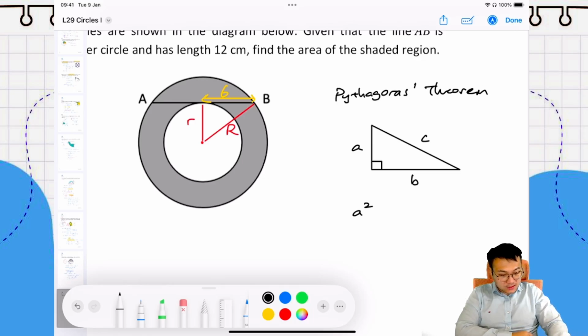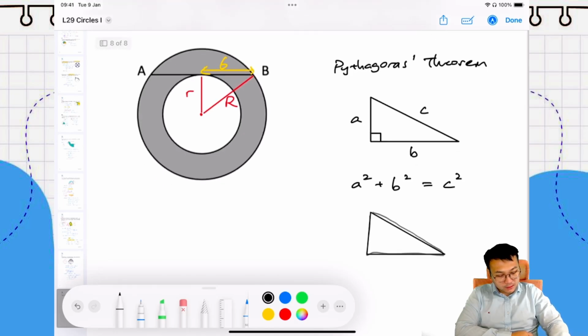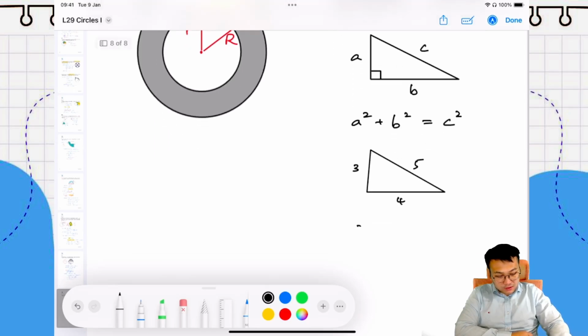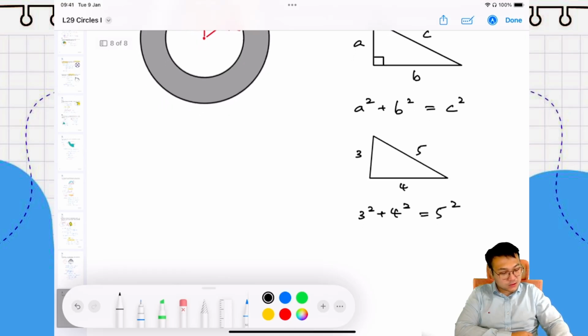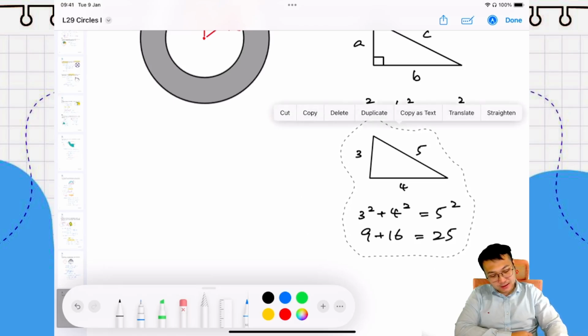A squared plus B squared equals C squared. For example, this is 3, this is 4, this is 5. Do you notice that 3 squared plus 4 squared equals 5 squared? 3 times 3, 9. 4 times 4, 16. Equals 5 times 5, 25. It works, right? So this is Pythagoras theorem.